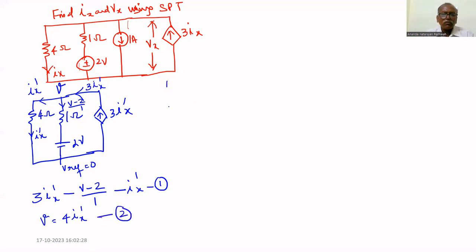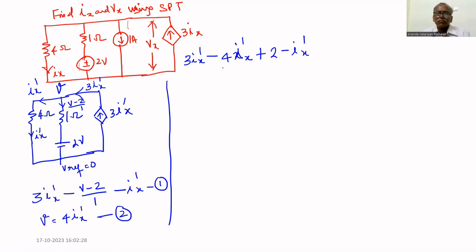From 1 and 2, we can write 3Ix dash minus V equal to 4Ix dash plus 2 minus Ix dash. So minus 5Ix dash plus 3Ix dash, therefore minus 2Ix dash equals minus 2, or Ix dash equals 1 ampere.